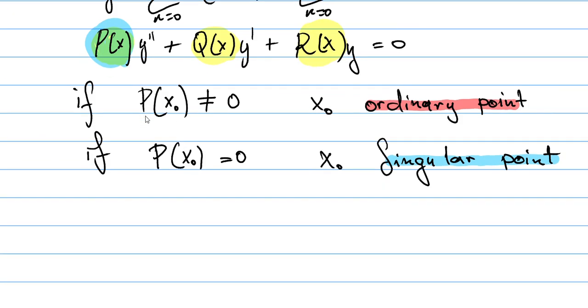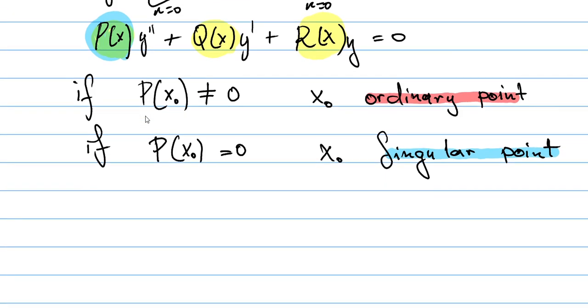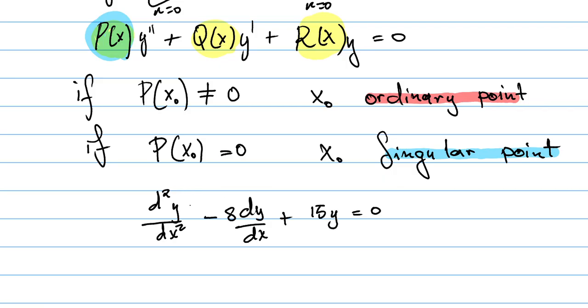Let's take the easiest example. We have d squared y over dx squared minus 8 dy over dx plus 15y is equal to 0.